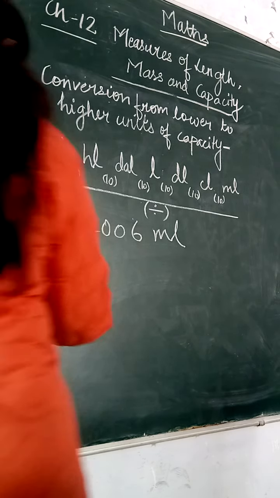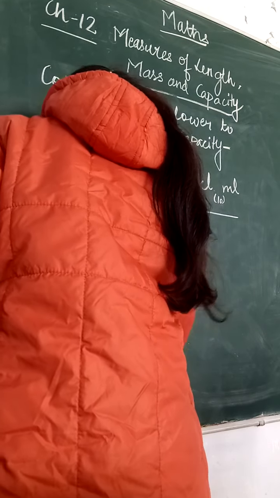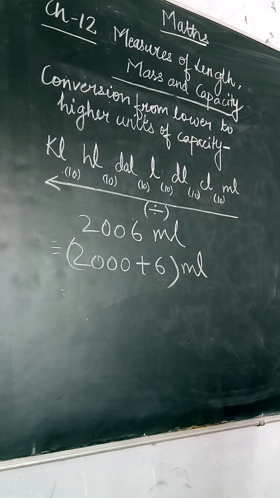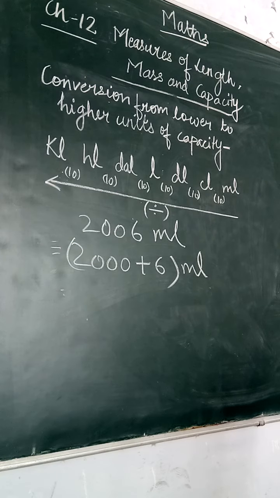Now you can break this as 2000 plus 6 milliliter. You can write it like this. Just look here on the board now. You can write 2006 as 2000 plus 6 ml. Now to convert it into liter and milliliter, we will divide this 2000 by 1000 to convert it into liters.